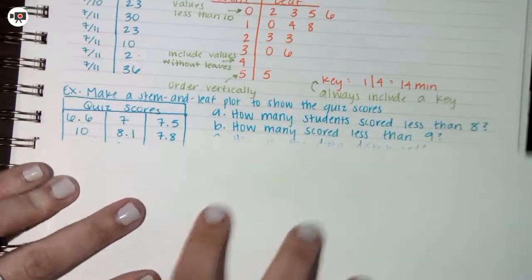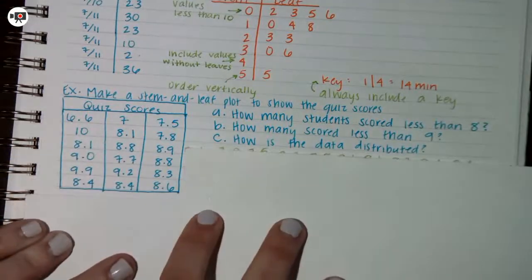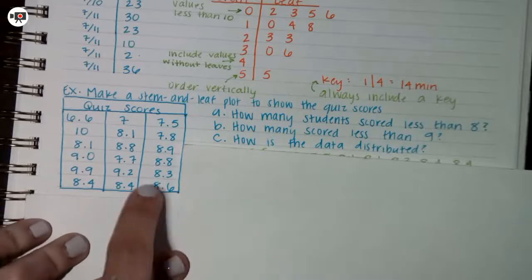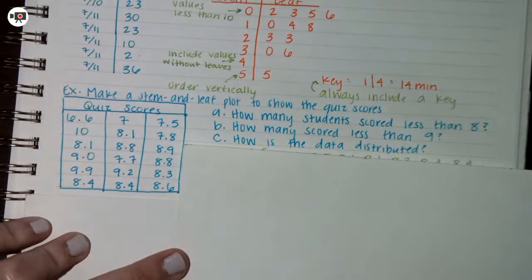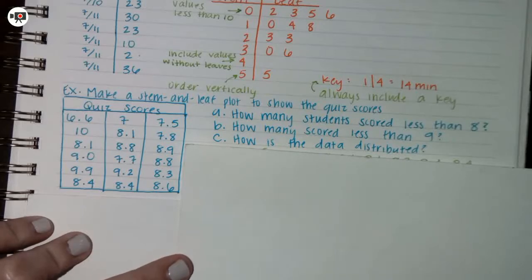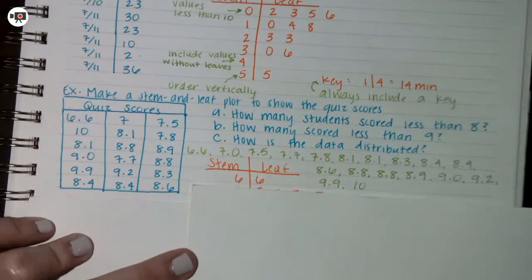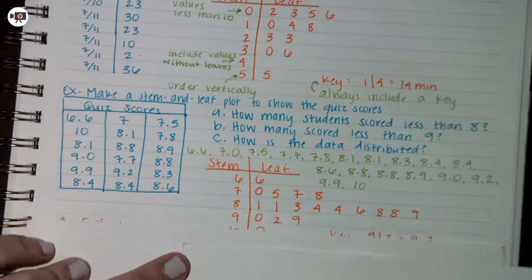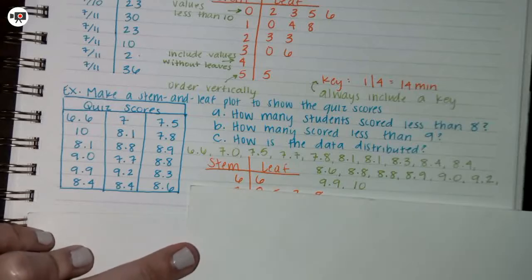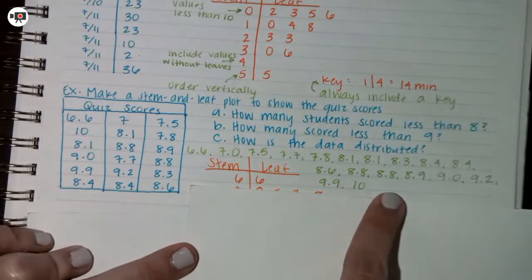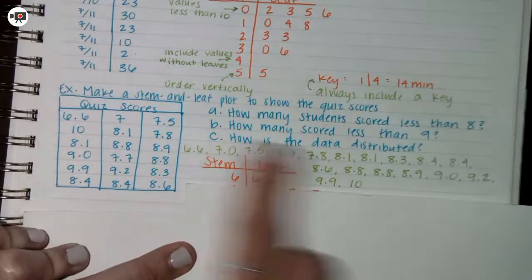Now we're going to make a stem and leaf plot to show the quiz scores. So I'm given all of these quiz scores, and we're going to figure out how many students scored less than 8, how many students scored less than 9, and how is the data distributed. So I'm going to order the data here from smallest to largest.